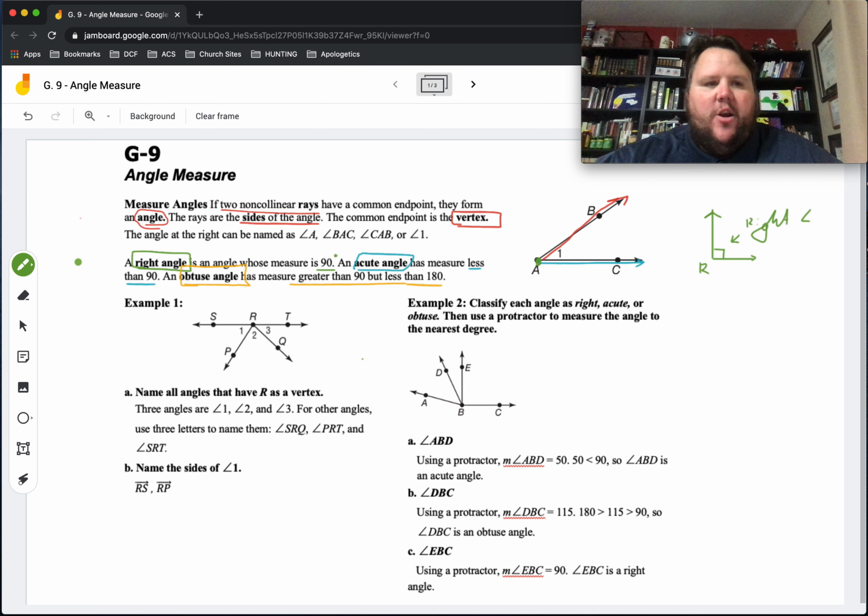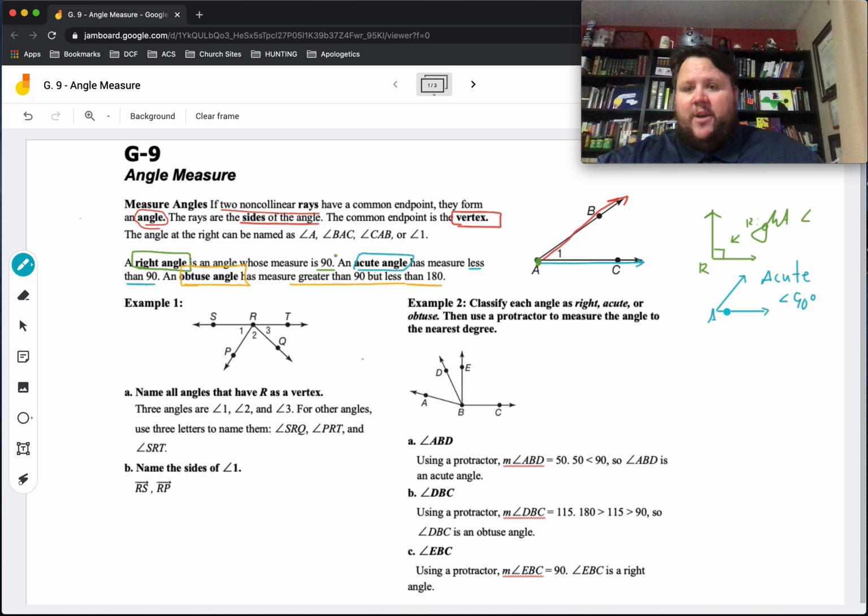So then from there we go to an acute angle. An acute angle has a measure less than 90 degrees. So if that's 90 degrees, here's maybe something that's less than 90 degrees. And we'll call that A for acute. So acute, and it's less than 90 degrees.